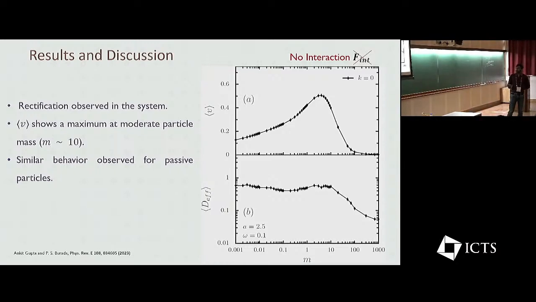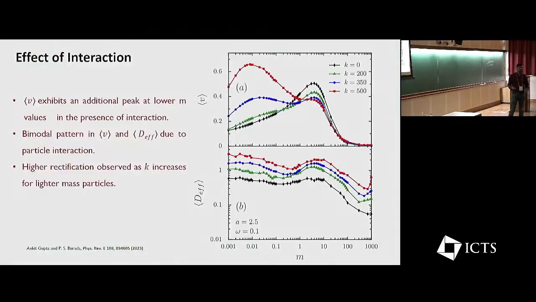For lower mass values, the viscous force is dominant over the oscillatory force, and in the higher mass region the inertial force dominates. That's why there is a decay in average velocity. But when we switch on the interaction, we can see an additional peak at the lower mass value, in addition to the peak at the moderate mass value.